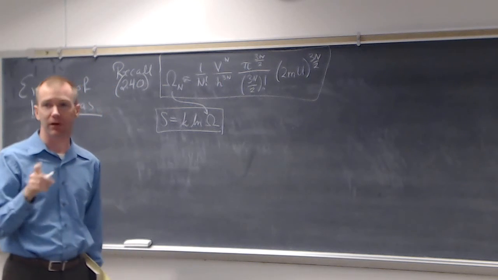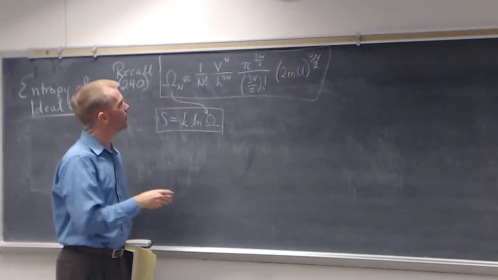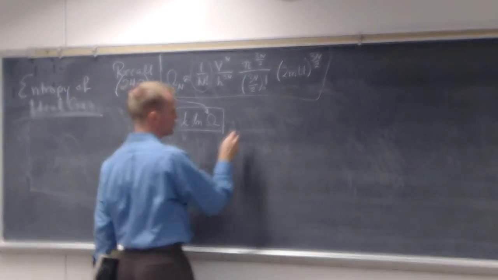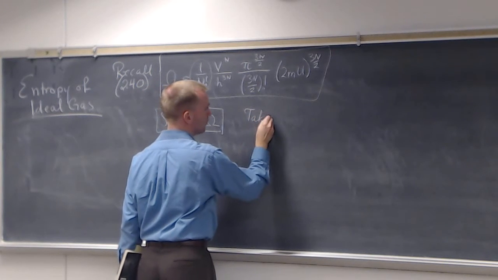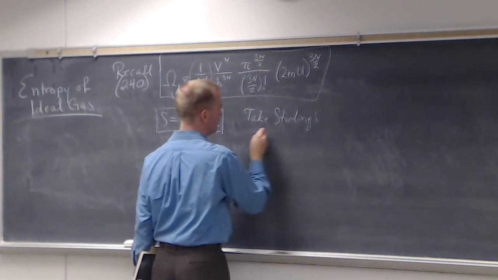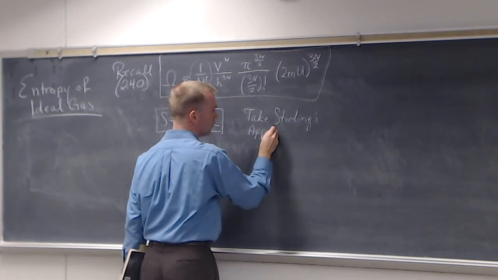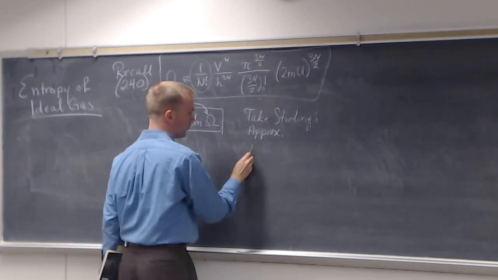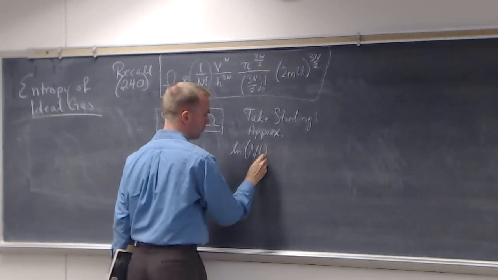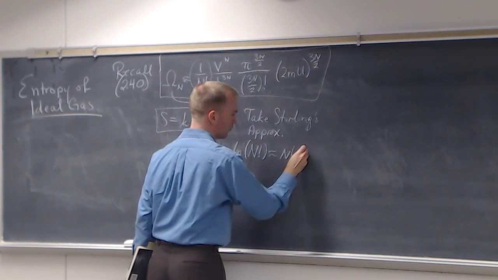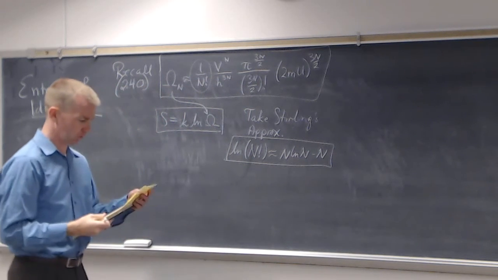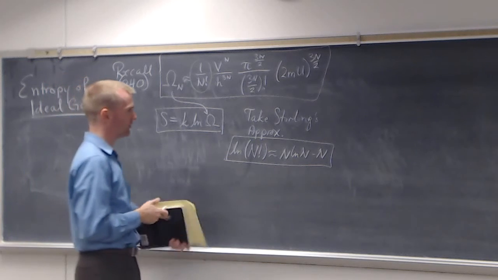Honestly, the book doesn't either. But we're going to be able to get rid of the factorial by using Stirling's approximation, which is equation 2.16.